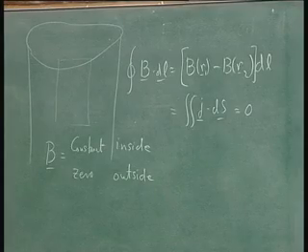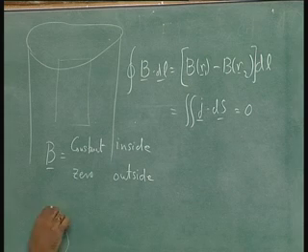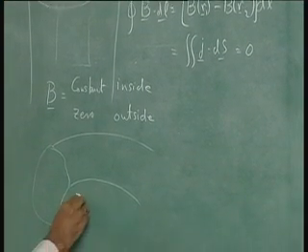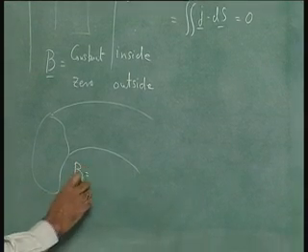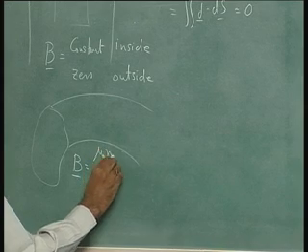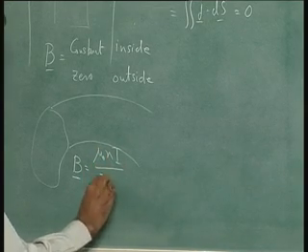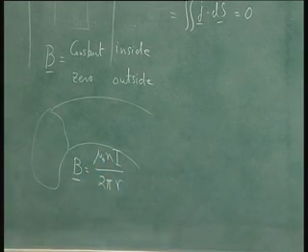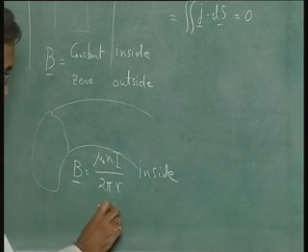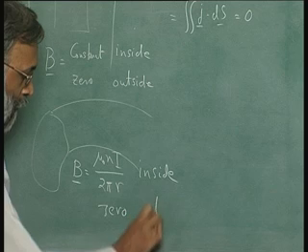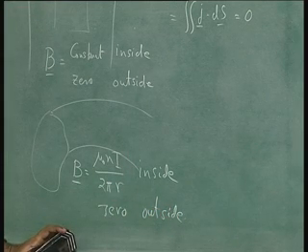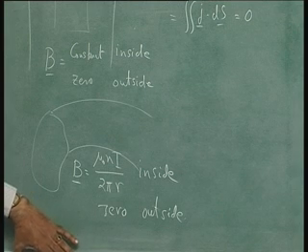Similarly, we worked out the case for an irregular torus and we proved that the magnetic field is equal to mu naught N I over 2 pi r inside and 0 outside. And the way we proved it was quite important.